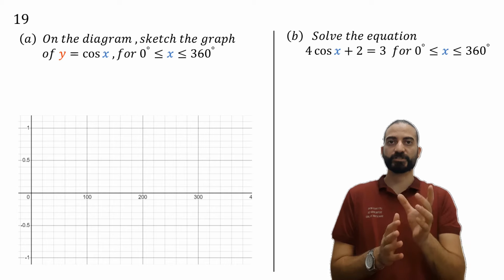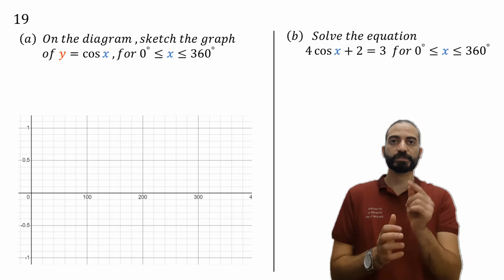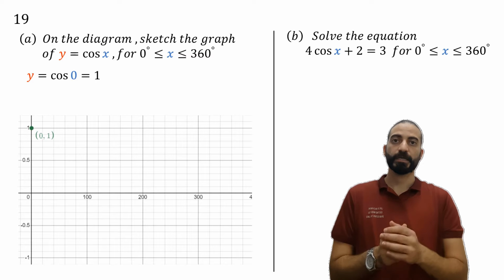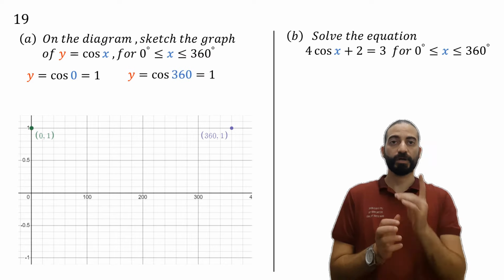As long as it says sketch, we can draw the graph by specifying points. When x equals 0 degrees, y equals 1, and when x equals 360 degrees, y equals 1.